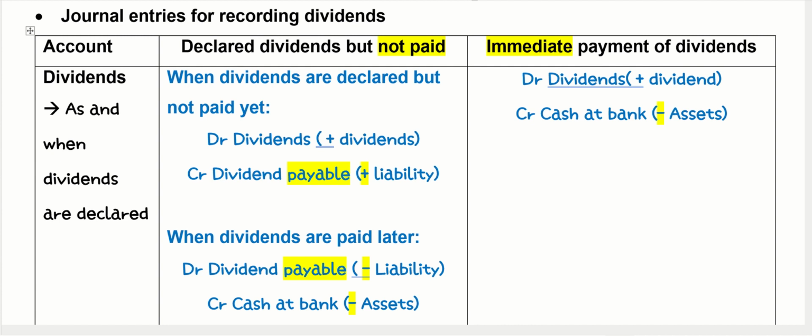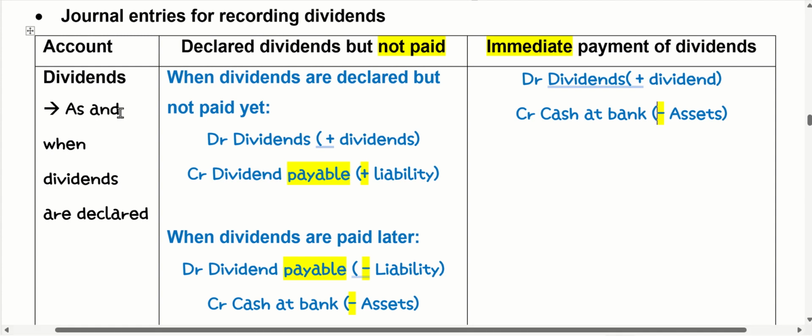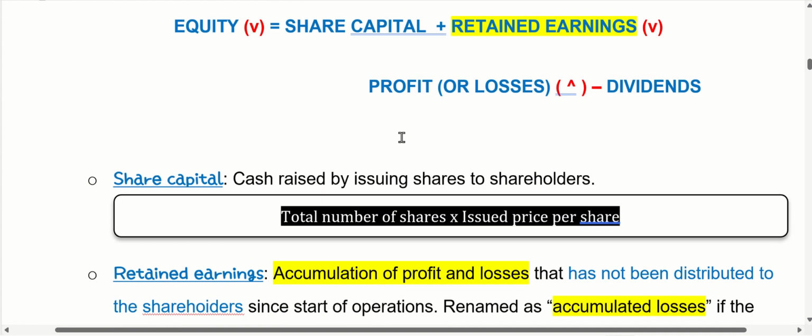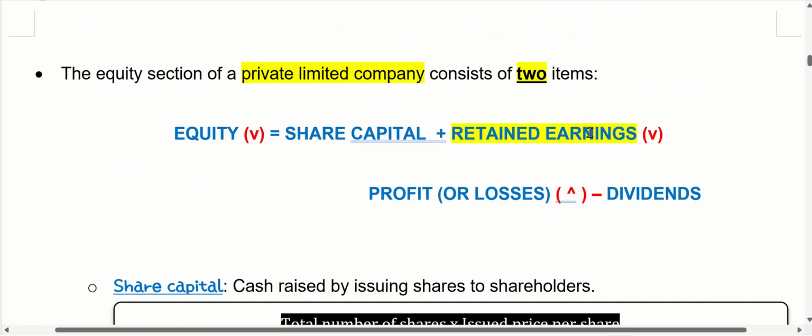So there are two possibilities. This is when you declare the dividend, meaning whenever you declare dividends, which might be at the beginning of the year, the middle of the year, or the end of the year. Now, can you remember the formula that we looked at just now?